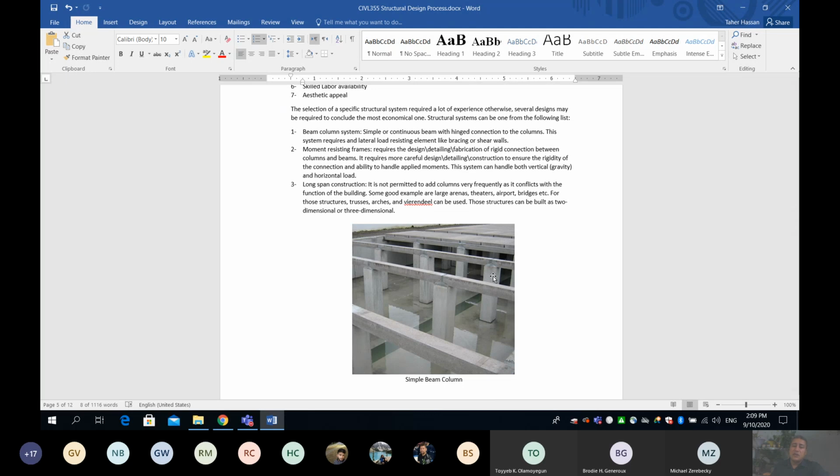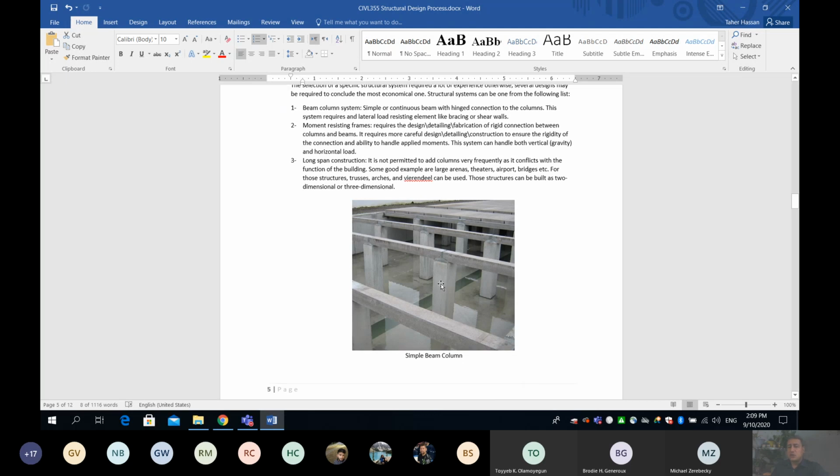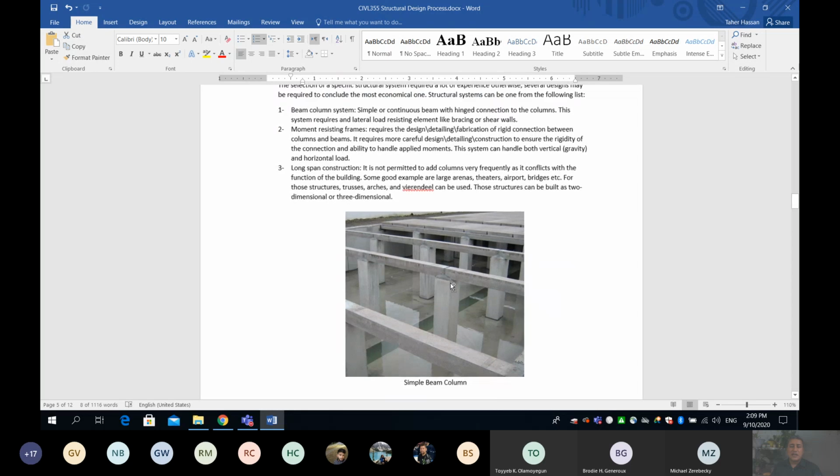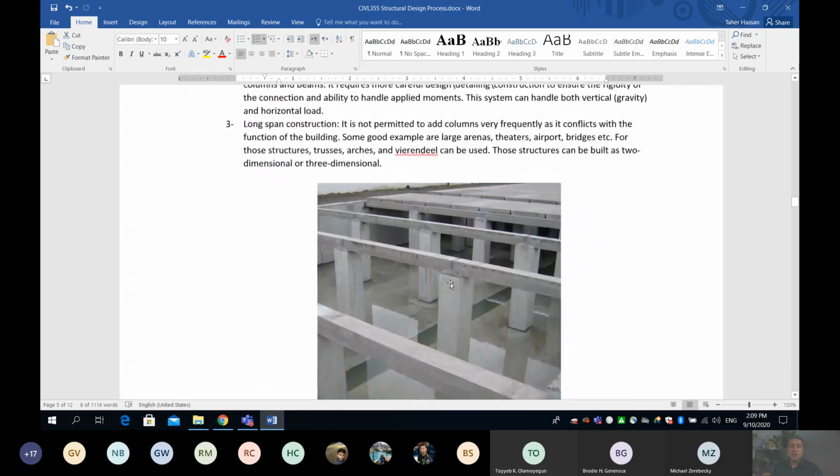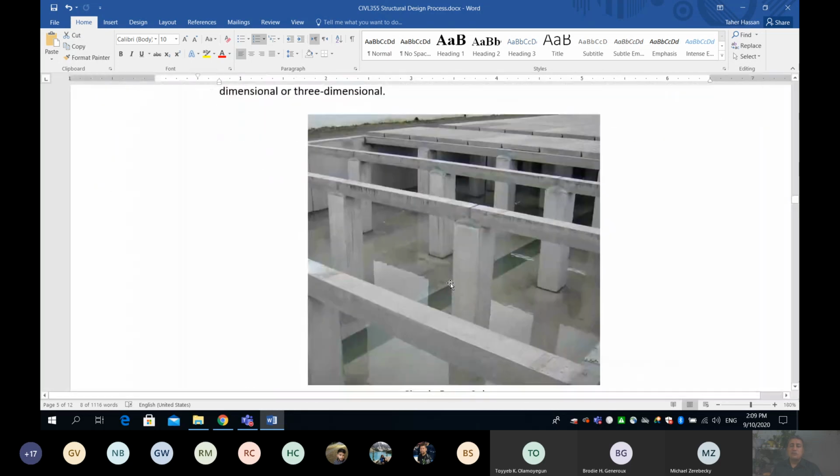Very popular, very easy to build. Look at this picture. I know this is a precast, but it serves the purpose. This one here is a beam, and this beam is going on top of a series of columns.